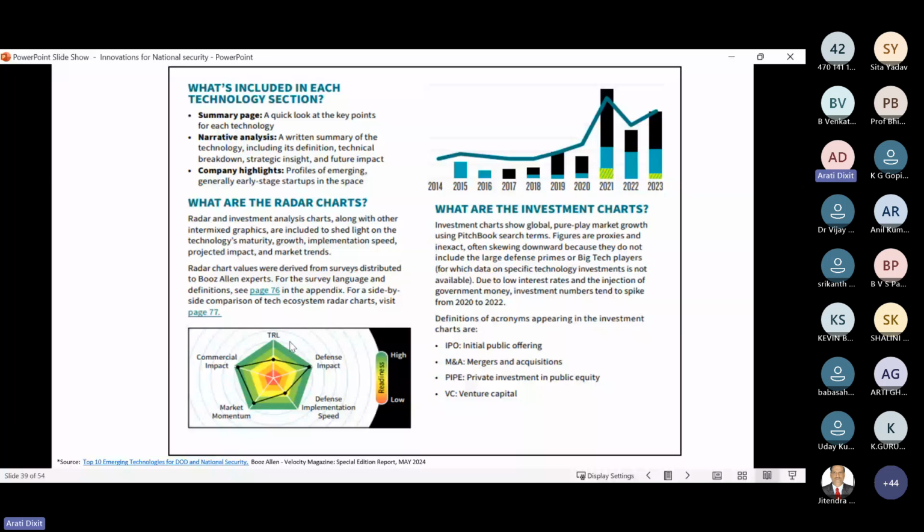And here we are trying to see what investment was done in different sectors. Different colors are for different sectors and for different years, showing whether investment is increasing or decreasing, whether it's IPO, mergers and acquisitions, private investment in public equity, or venture capital and so on.